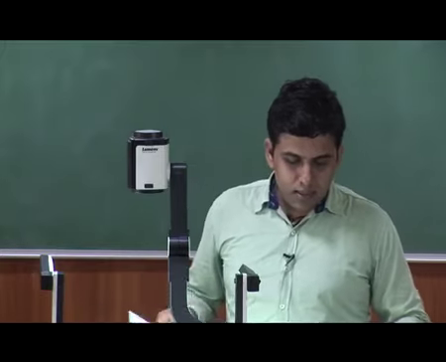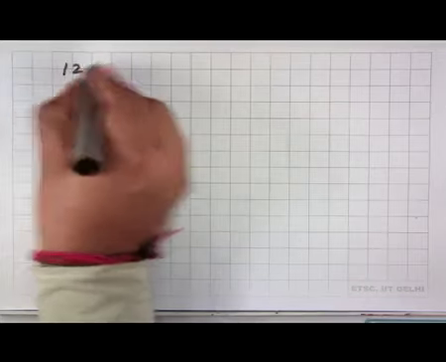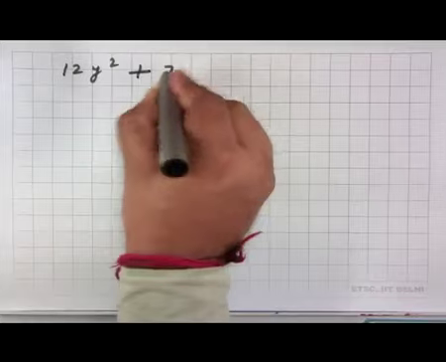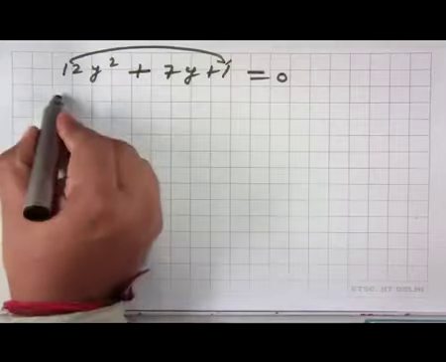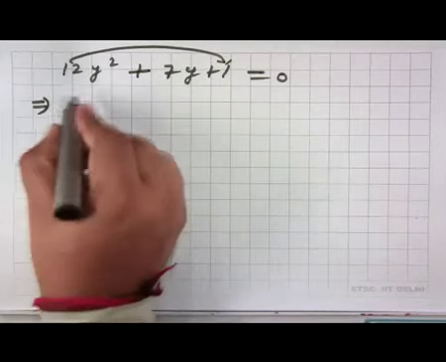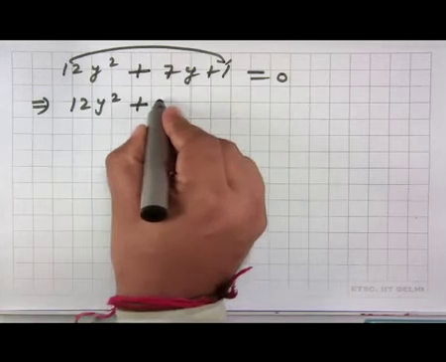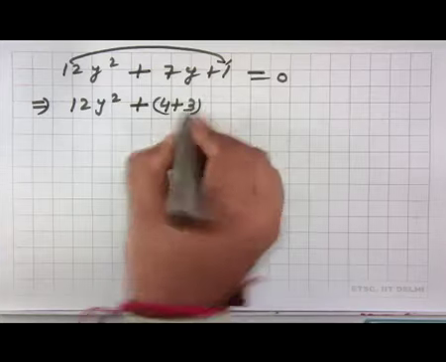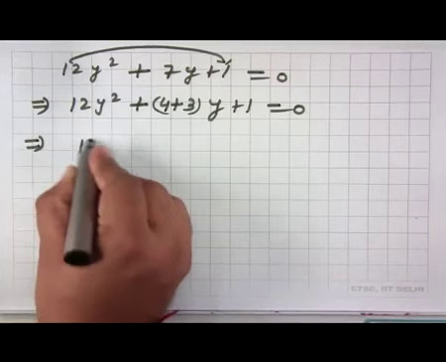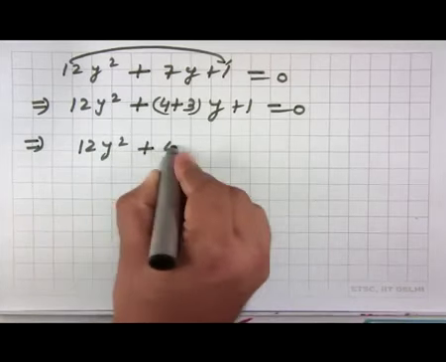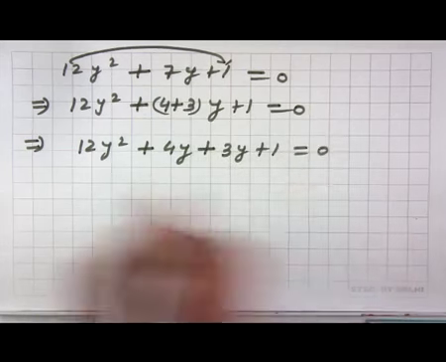Let us try to find the roots of 12y square plus 7y plus 1 equal 0. Now, we are splitting the middle term. 12y square, the factors of 12 are 4 into 3. So, 12y square plus 4y plus 3y plus 1 equals 0.